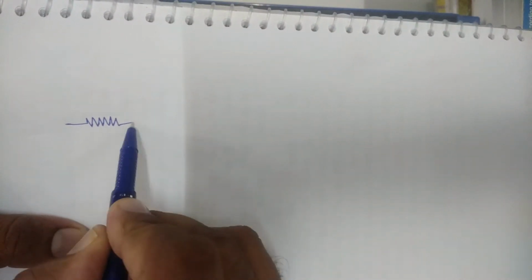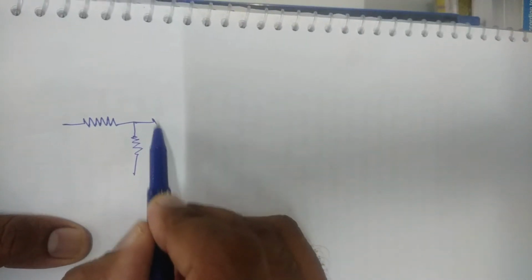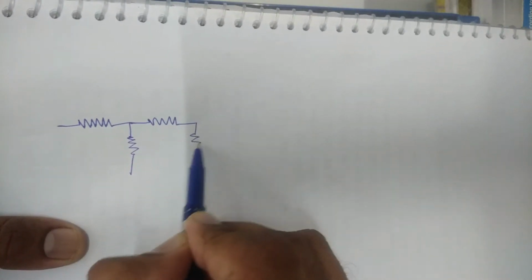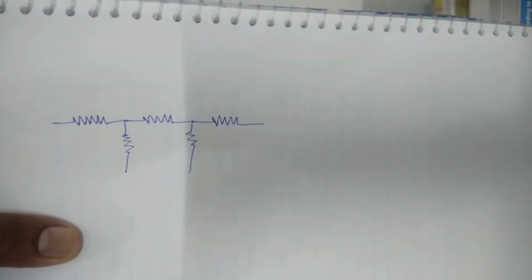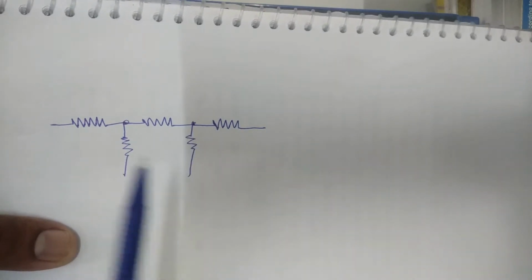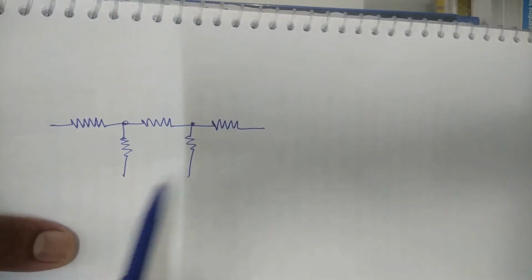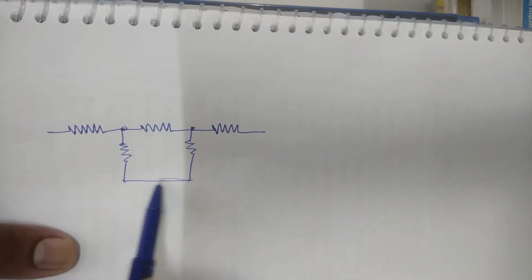Now whatever connection we have made on the breadboard, I am drawing it over here. We have connected this resistor, this resistor, this resistor and this resistor in this fashion. Even though I have connected in this manner, this is automatically connected. Why?